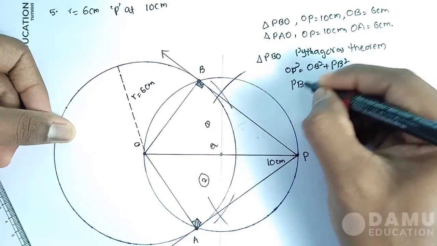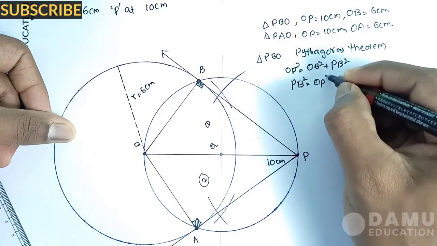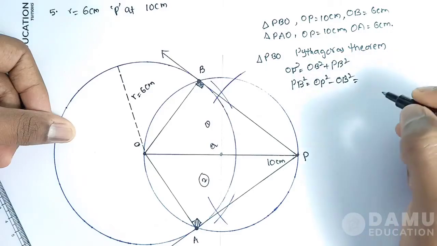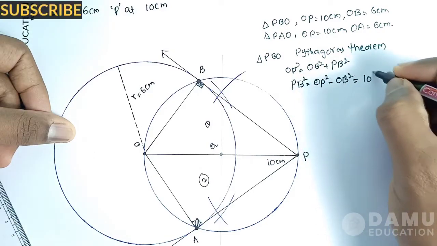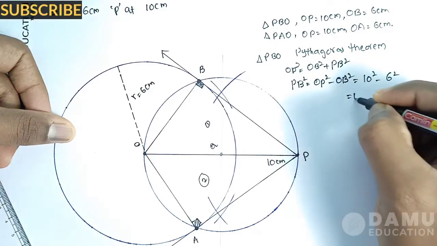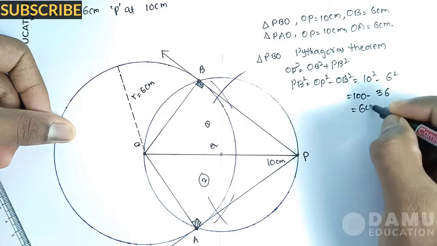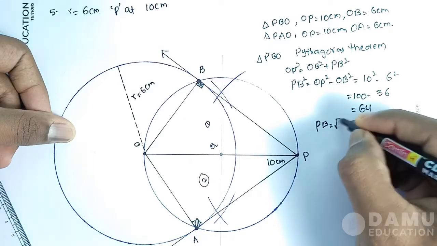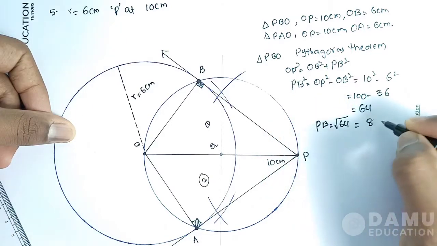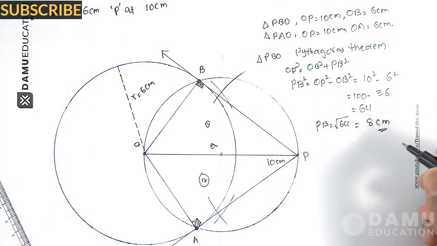So PB square will be equal to OP square minus OB square. So PB square will be equal to 10 square minus 6 square. 100 minus 36, what will I get? 64. Then PB will be equal to square root of 64, that is 8 centimeters. So that is the one.